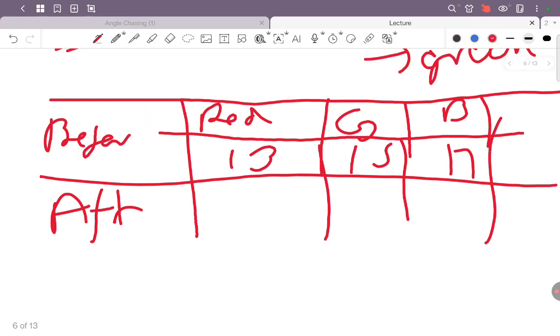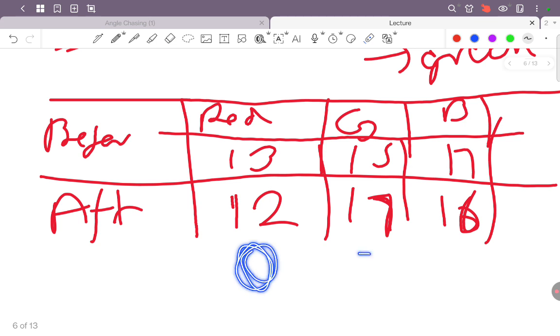So what happened? This will become 17, and this will become 16. Now again you see the remainder. This is 0, this is 2, this is 1.